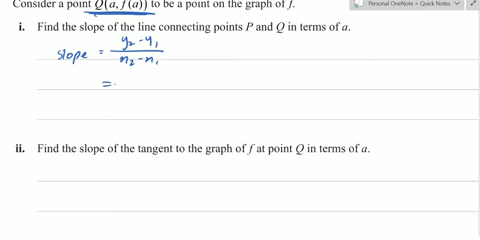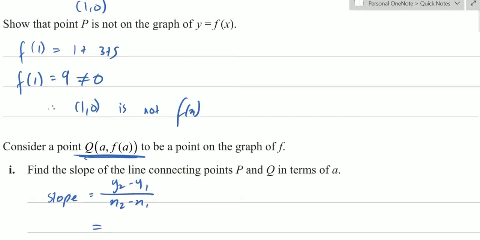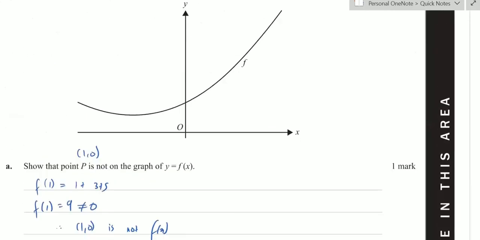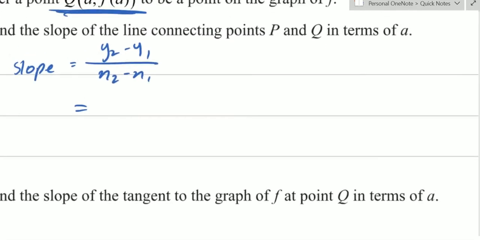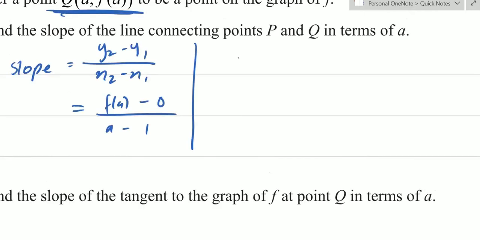It doesn't really matter which point you take as y2 and y1, but generally I would take A as the y1, but it doesn't really matter. So y2 is f of A, and y1 is 0, x2 is A, and x1 is 1. So if you expand this, it's just f(a) because it's minus 0. So it's a squared plus 3a plus 5 on a minus 1.